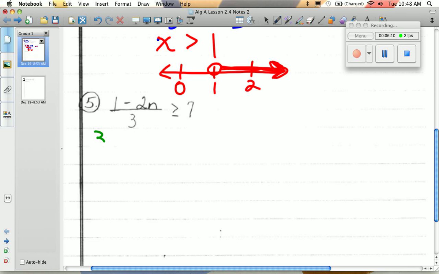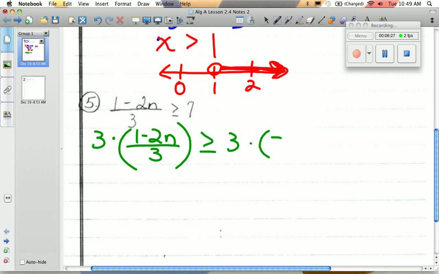So we have 3 times (1 minus 2n) over 3. The only reason we're putting that in parentheses is just to say, here's what it was. I'm not changing it at all. I'm just multiplying it by 3. If I do that on one side, I have to do it on the other side.